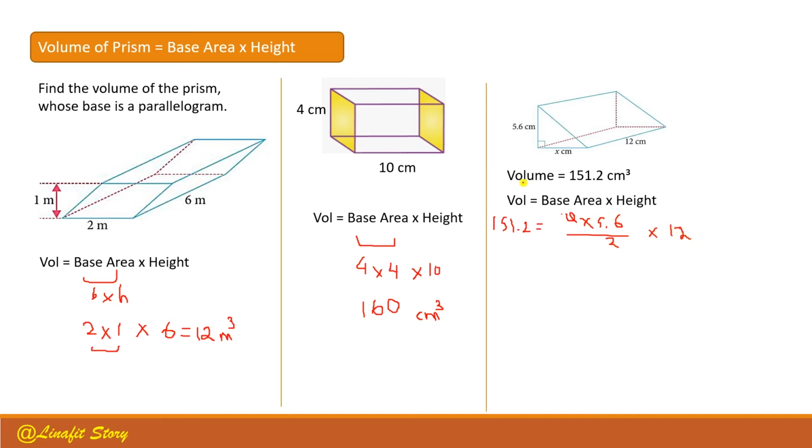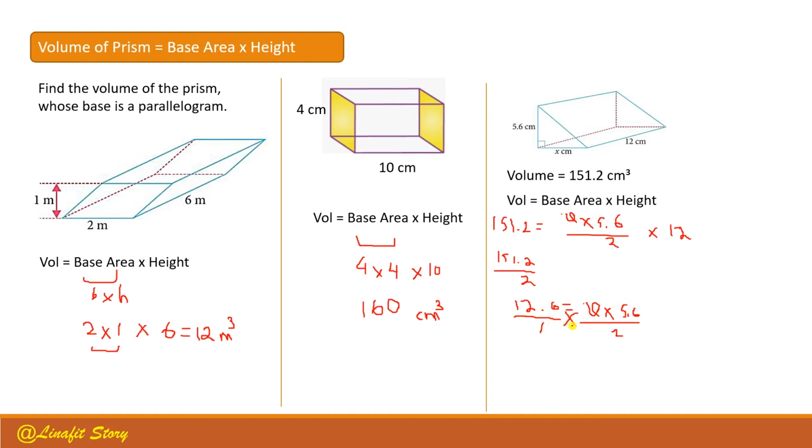We will move 12 to the left hand side. So 151.2 divided by 12 is equal to 12.6. So 12.6 is equal to x times 5.6 divided by 2. The right hand side is a fraction. So we will convert 12.6 as a fraction, 12.6 out of 1.